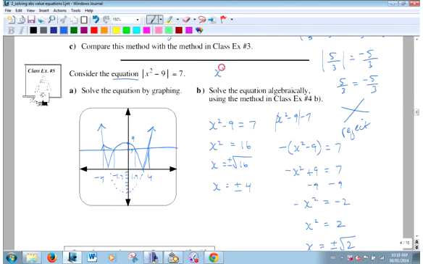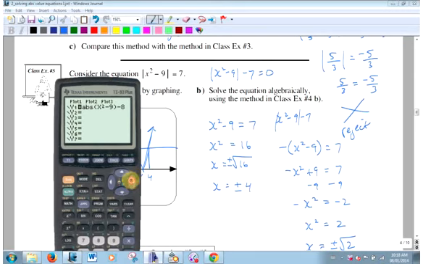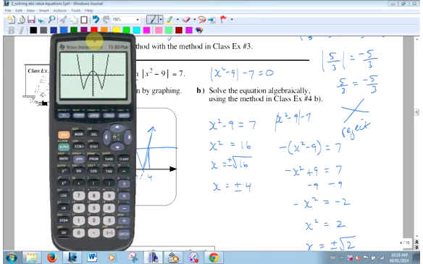So x squared minus 9 minus 7, where is that thing equal to 0? Does that look like plus or minus 4 and plus or minus 1.41? Sure.